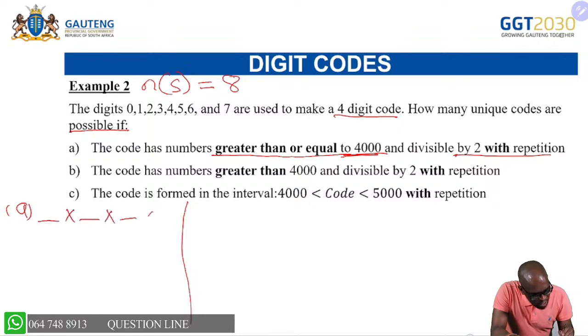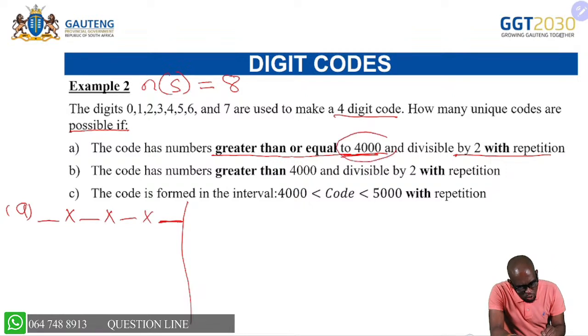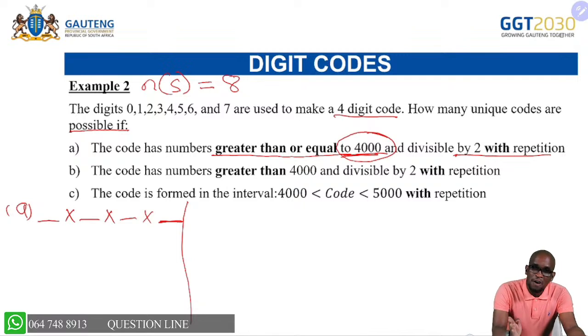Obviously we are forming a 4-digit code. They said the code must be greater than or equal to 4,000, which means that the first digit must start with the number 4 and above. So it's from 4,000.